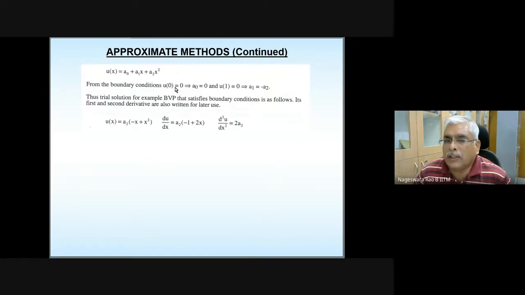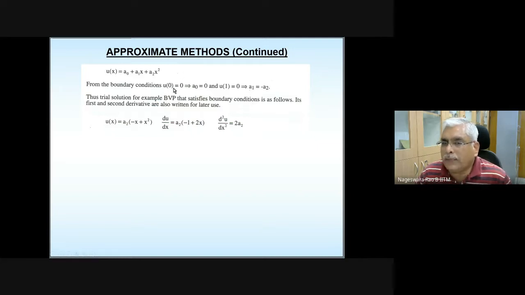So this is the starting trial solution. Before you proceed further, you impose the essential boundary conditions. Suppose one boundary condition is essential and one is natural, you impose only the essential one. In this particular case, both are essential, so we need to impose both.